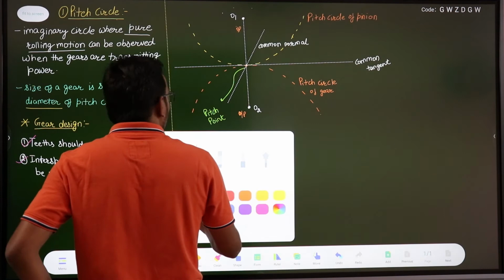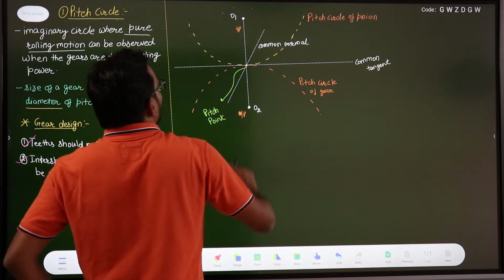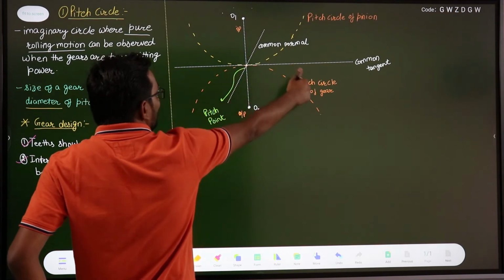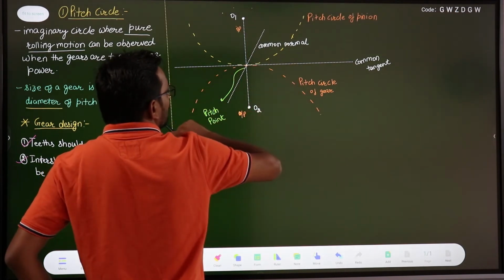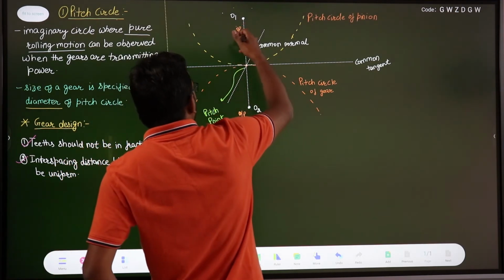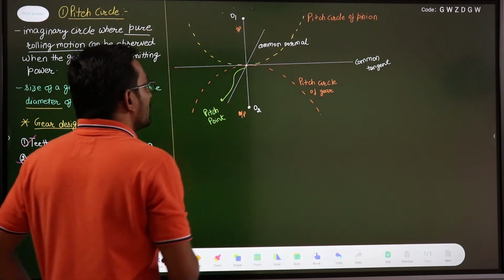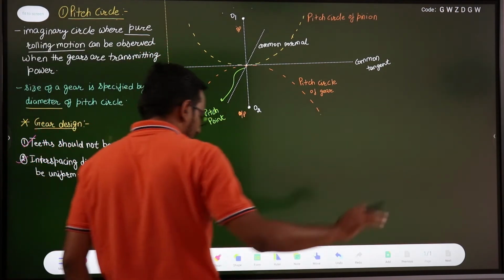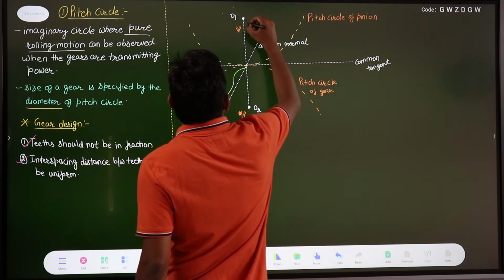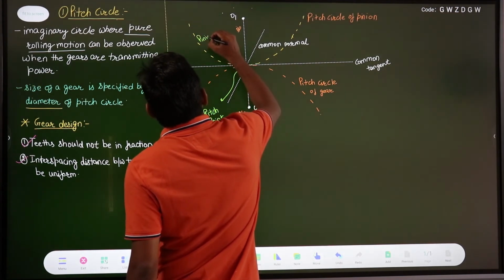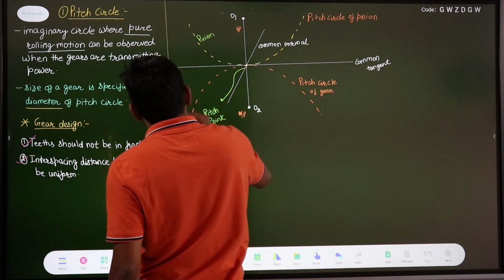Now just pay attention. When this input gear will be in contact with this gear 2, this gear will exert a force on this gear. Suppose this is your pinion. The input gear is always known as pinion, and this is your gear.